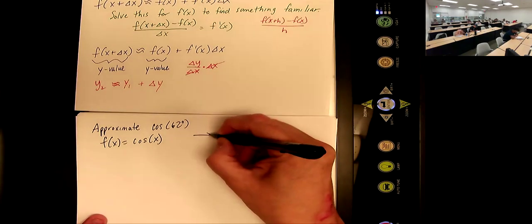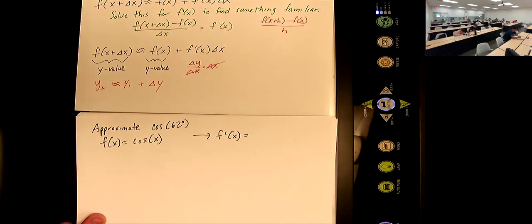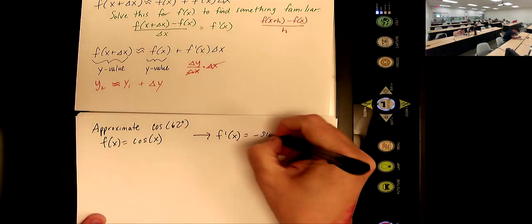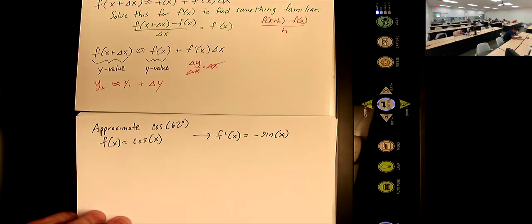What's f prime? Negative sine x. Anthony's over there whispering it all the time. He's usually right, he always whispers it, so I have to strain to hear him.